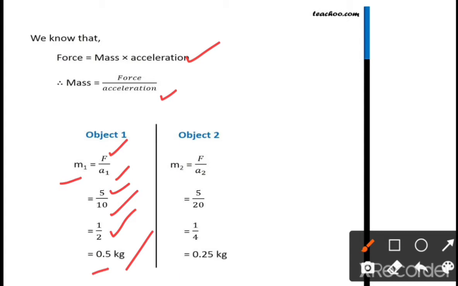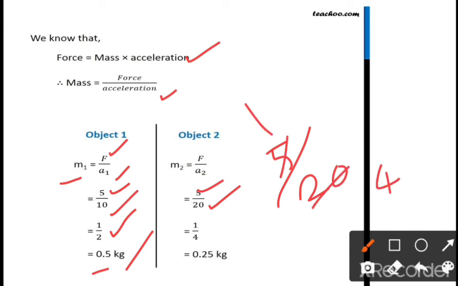If you take object 2, m2 equal to F by a2. The value of F is 5, the value of a2 is 20. 5 by 20, when we cancel, 1 5s are 5, 4 5s are 20. So 1 by 4. If you divide 1 by 4, you get 0.25 kilogram.